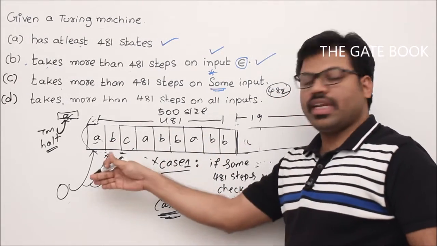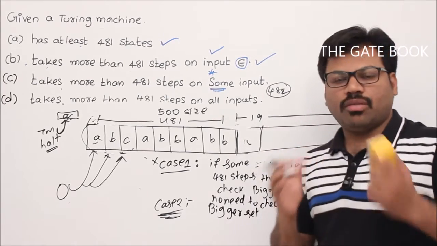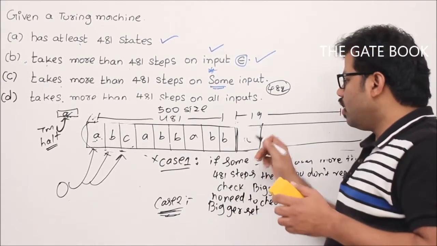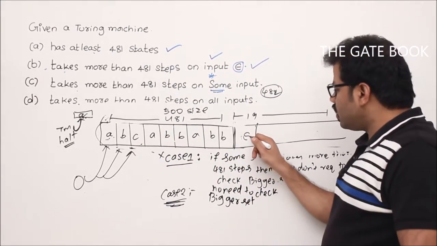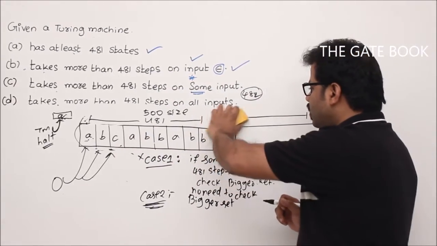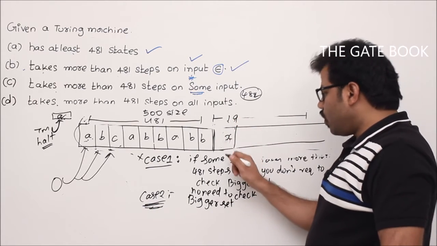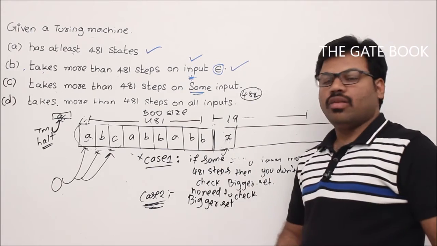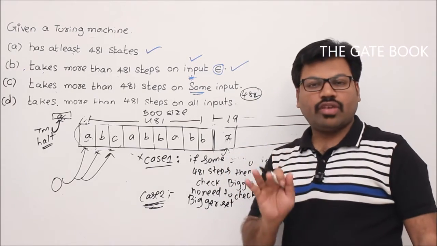Your Turing machine has examined them in the smaller strings, correct? So the difference comes only when a new symbol, a symbol which is part of these 19 cells, comes, right? For example, there is a symbol, your Turing machine is processing here, but to come to this point, definitely your Turing machine requires more than 481 steps.